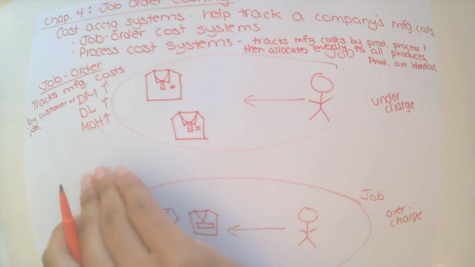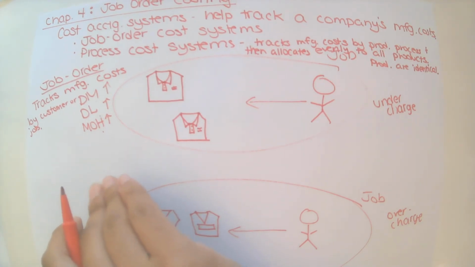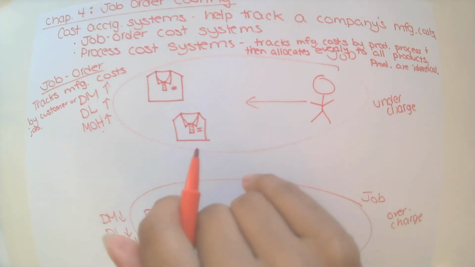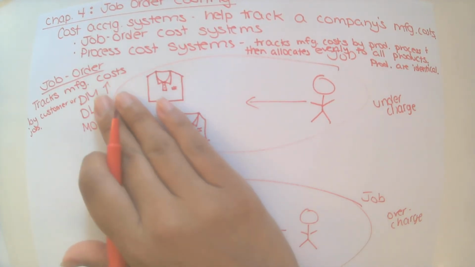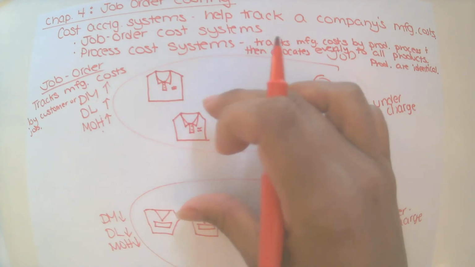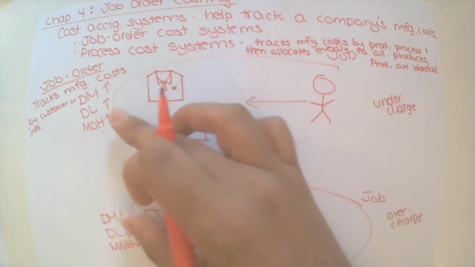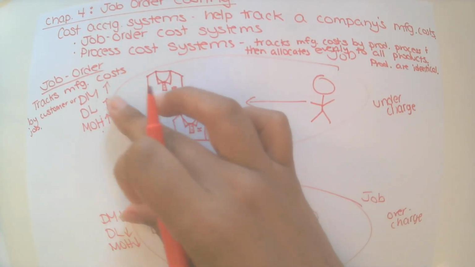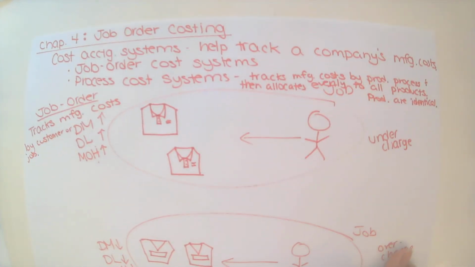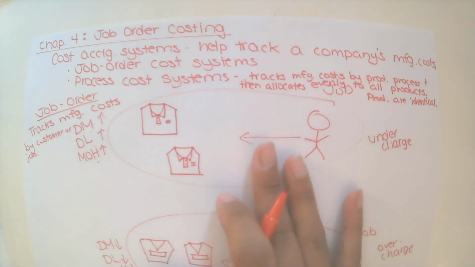So we need to know what our costs are so that we're setting the price at the correct level for each job, right? And so a job order system helps track those costs when those jobs have different manufacturing costs. So we're going to focus on the job order costing system in this chapter. We'll see journal entries, calculations, but now you have a little bit of an understanding of what they are.